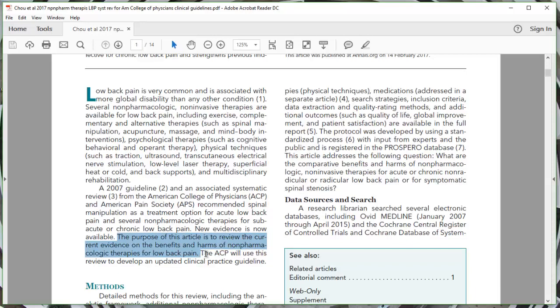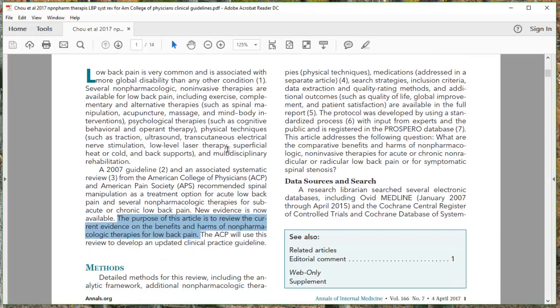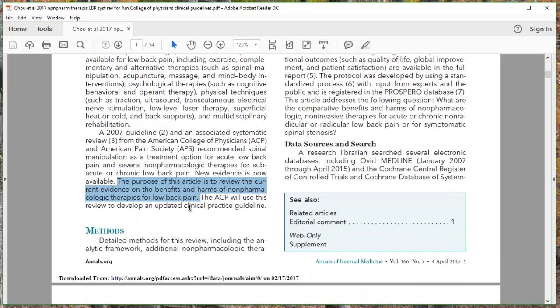And so there's always a purpose statement here, there's always an aim here, and this helps you get the background information that the researchers then put elsewhere in the paragraph without having to read through it. For your own research, later on you can go back, look through the introduction, look at the information that they cite to add that to your list of general resource materials that you're going to have floating in and around your desk. So we've got the purpose, we know non-pharmacologic therapies, low back pain.